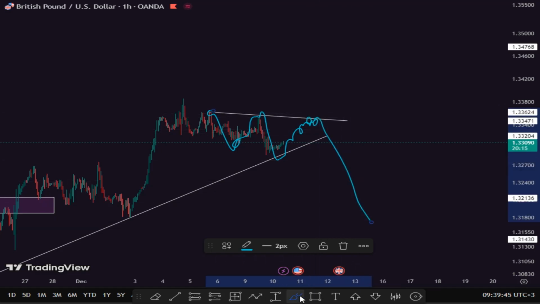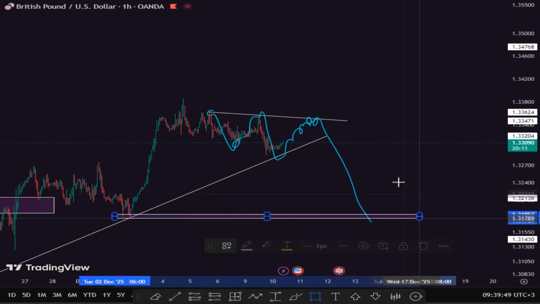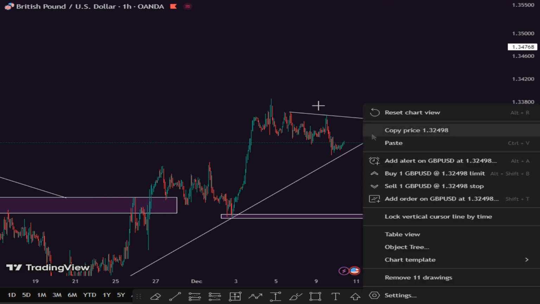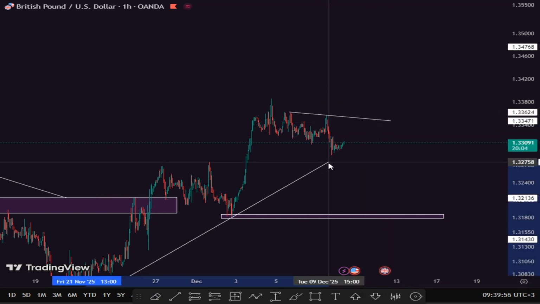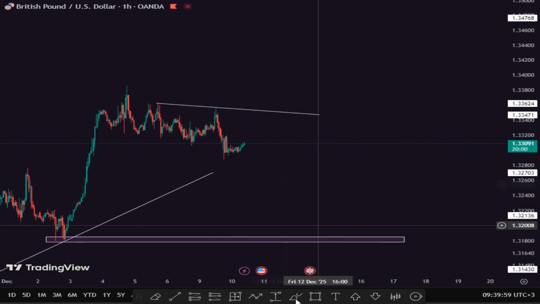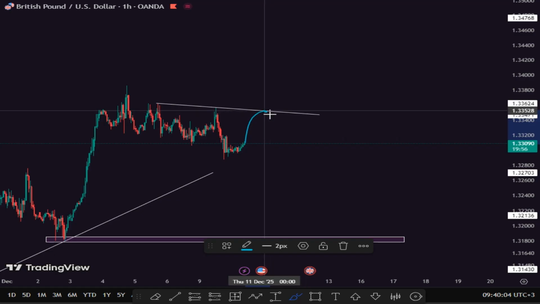So it might be going back to give us a lower high before dropping. But if that happens, our next target should be this zone right here. Let's just mark that level right there. But let me adjust this and have it right here. But the only thing left is to see how price is going to approach this level right here. What do I mean?